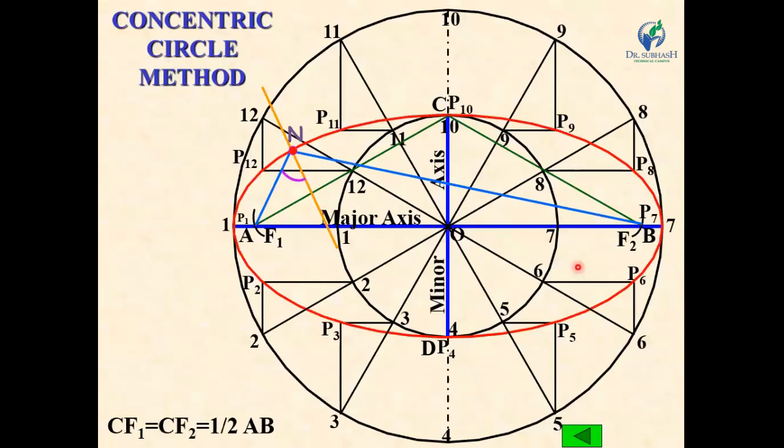Now bisect this angle F1 N F2. This bisector is the normal of the ellipse, and a line perpendicular to the normal is known as the tangent. This is the tangent.